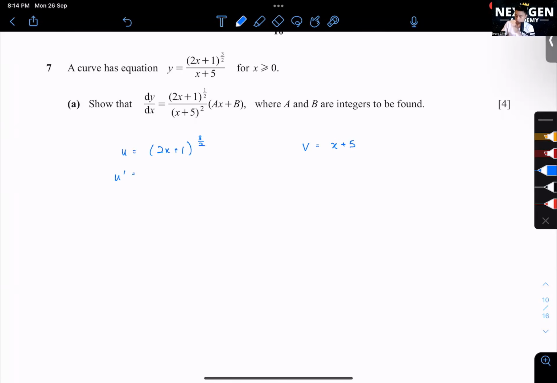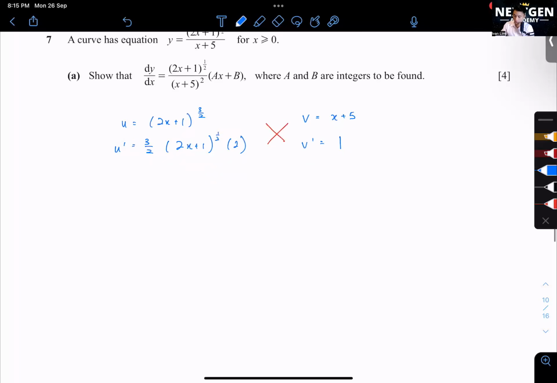Then u prime equals 3 over 2, (2x plus 1) to the power of 1 over 2, times 2. Then v prime equals 1. Okay, cross it.